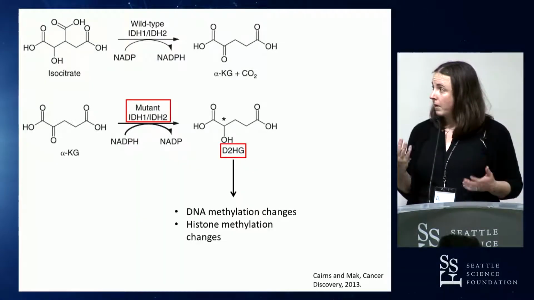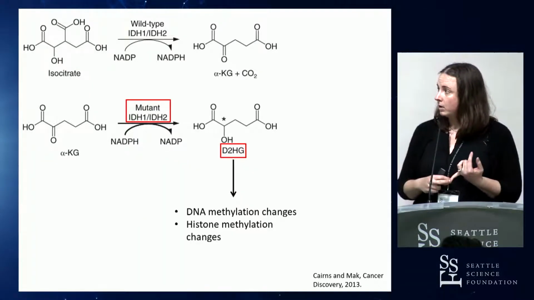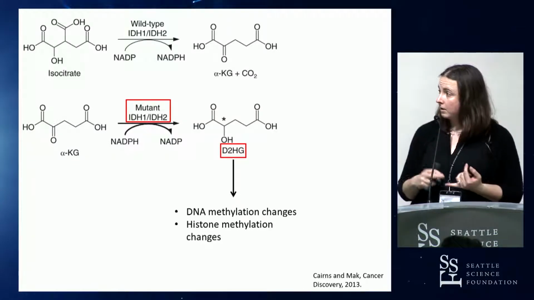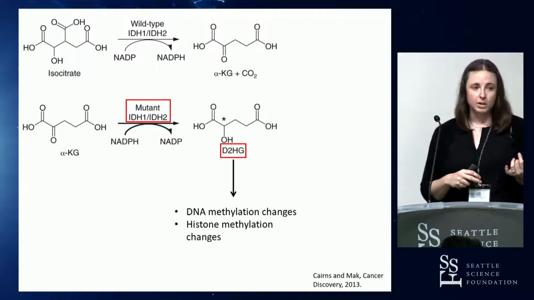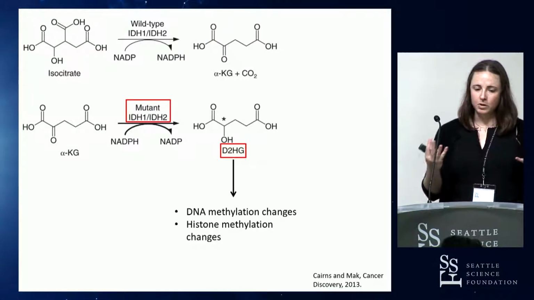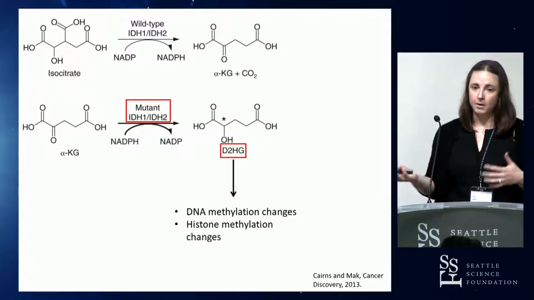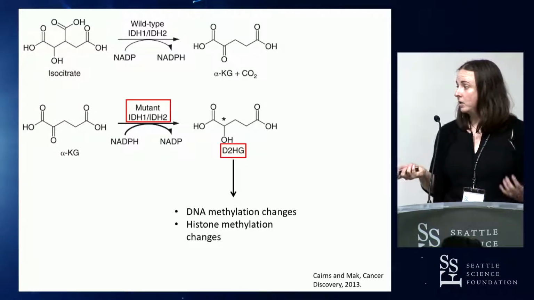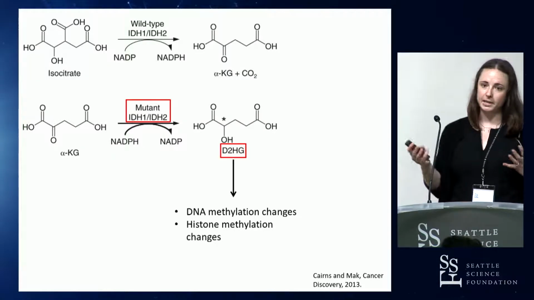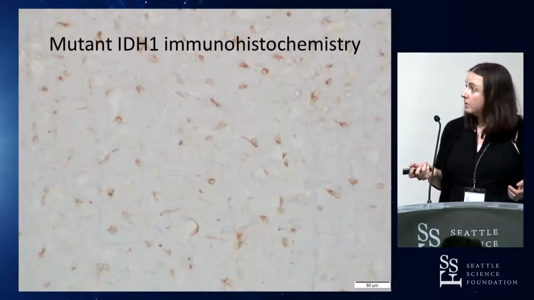Studies have shown correlations that when you have this metabolic byproduct, there are changes in DNA methylation as well as histone methylation patterns. And so it's altering the transcription of these tumors in different ways. And there's still some research going on trying to sort out exactly the role that IDH plays in driving tumors.